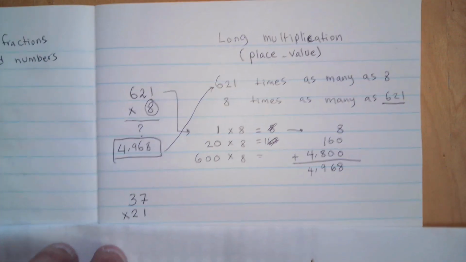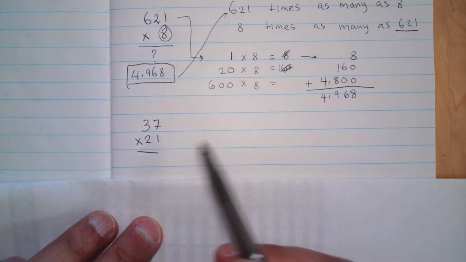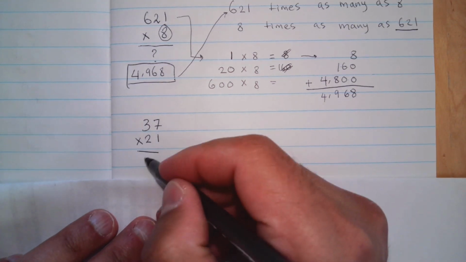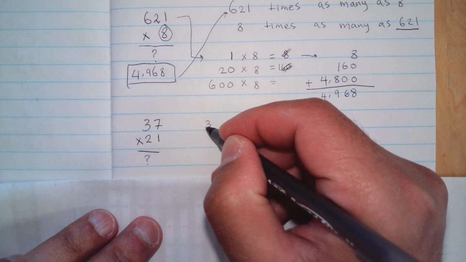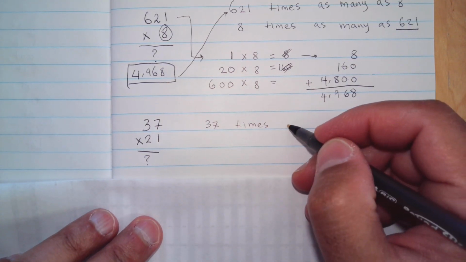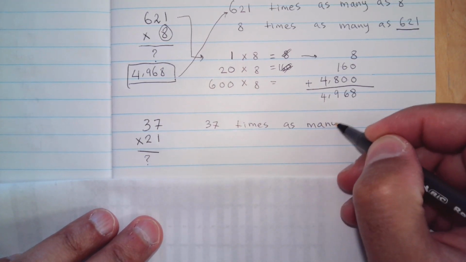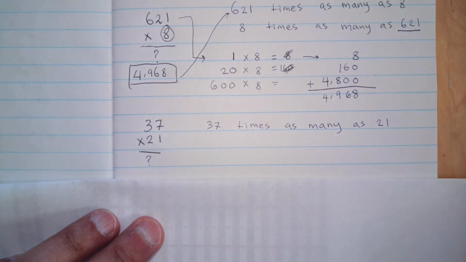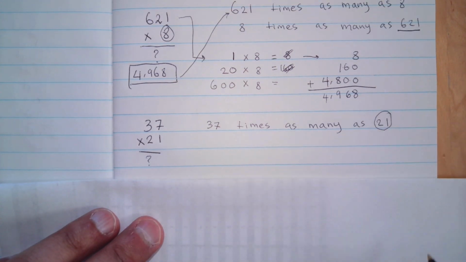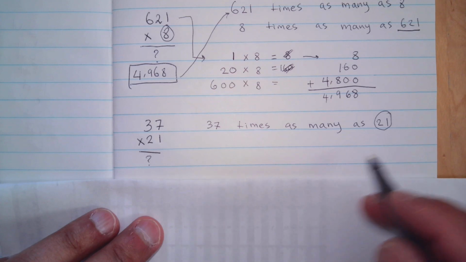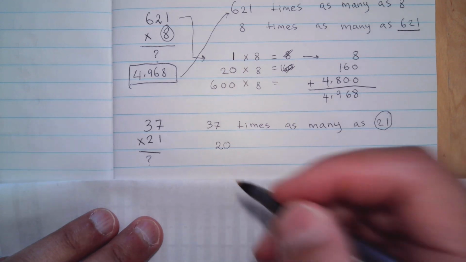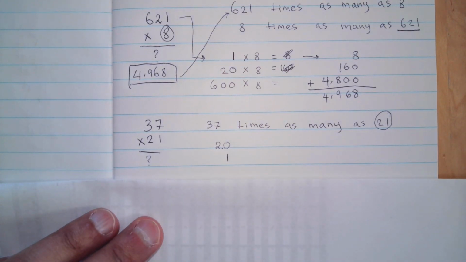All right, so now let's go to the next one here. We have 37 times 21. So we want to find this number that is 37 times as many as 21. Since I phrased it this way, we want to find 37 times as many as 21. I'm going to look at 21. 21 is made of 20 plus 1, right?